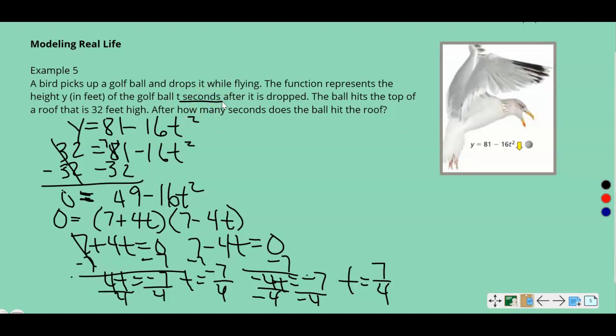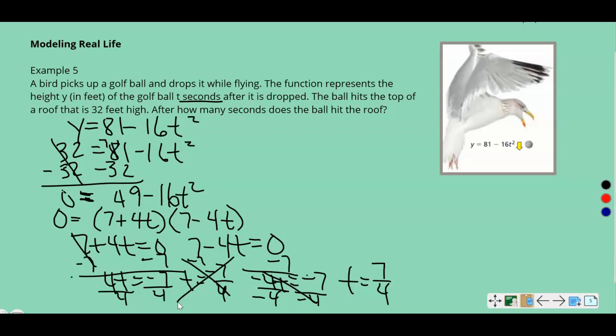So 7/4 is like 1 3/4 seconds, or 1.75 seconds. So again, because the negative time doesn't make sense, you can mark out the one that's negative, because you can't have a negative time. Can't have a negative distance. You can't have a negative time.